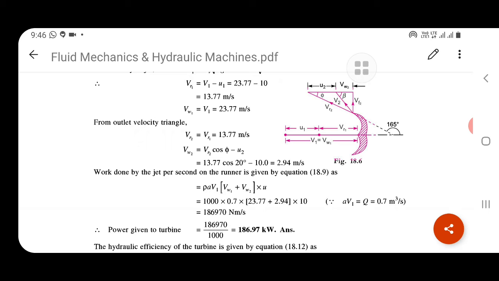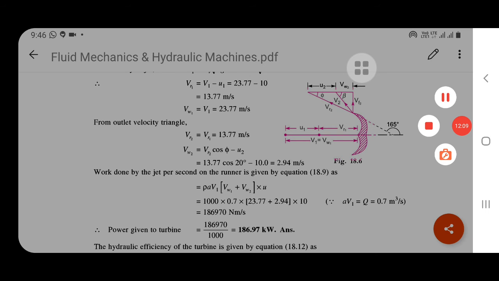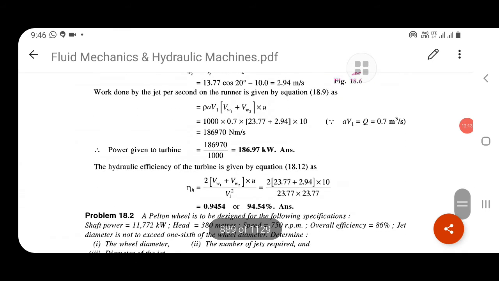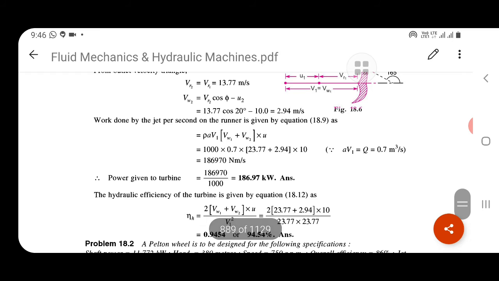The mass of water is 1000 into 0.7. With the help of that, the value is 1869.17 divided by 1000, that is 186.97 kilowatt. After this, the hydraulic efficiency formula is 2 into (Vw1 plus Vw2) into u upon V1 square.